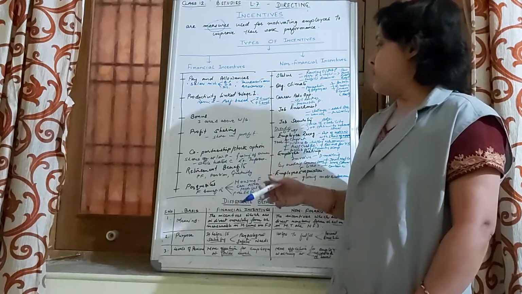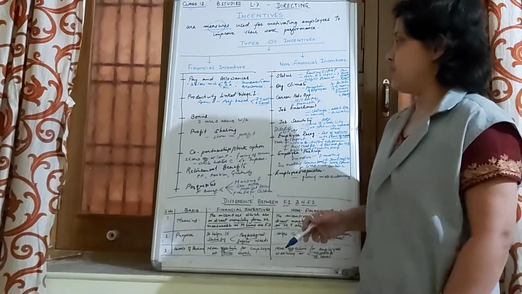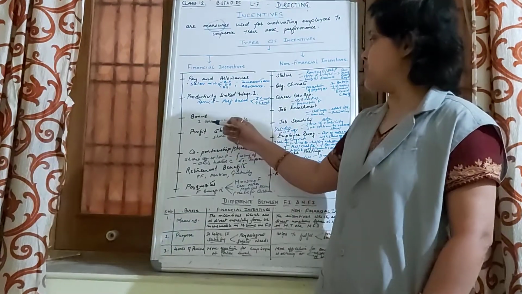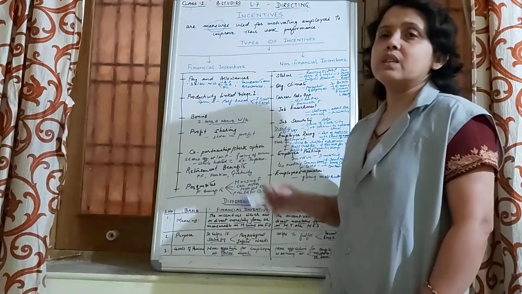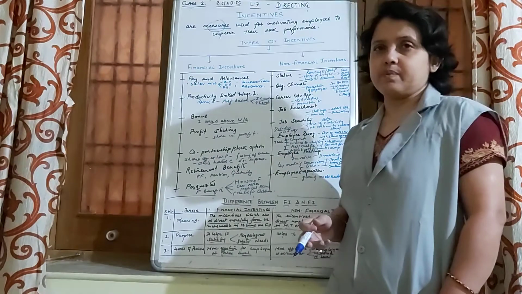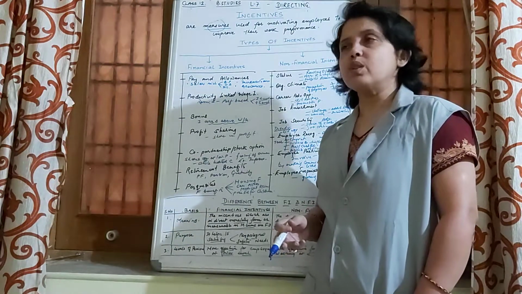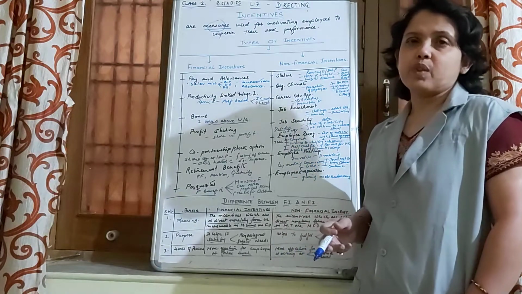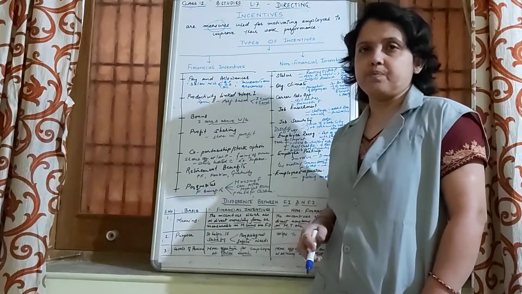So, the third financial incentive is the bonus. Bonus is the type of incentive which is paid over and above the wage and salary to any employee in the organization. Many times we have seen that during the festival time, bonus is provided to the employees.